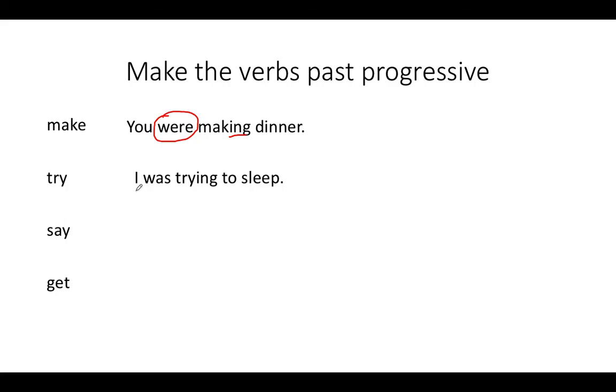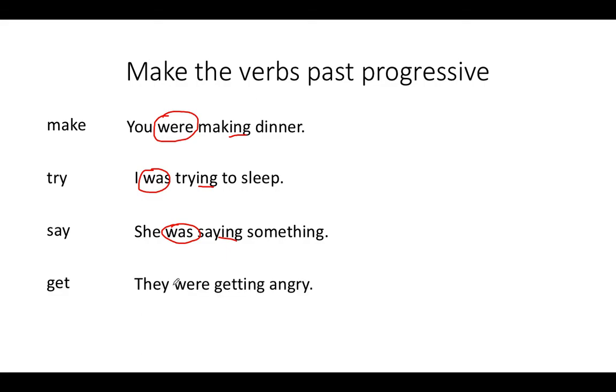Try. I was trying to sleep. So try turns into trying, and to make it past progressive, I was trying to sleep. Say, she was saying something. Get turns into they were getting angry.